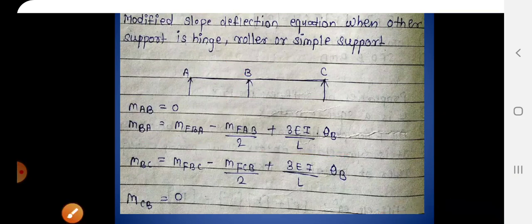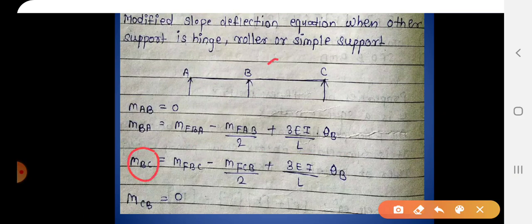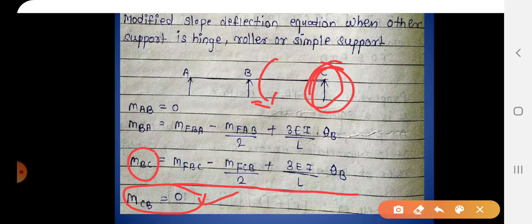Now next is MBC. For MBC, B is the near support and C is the other support, the far end, and it is a simple support. Therefore, MFBC minus MFCB by 2 plus 3 EI by L into theta B. And MCB, as it is a simple end support, MCB should be equal to 0.